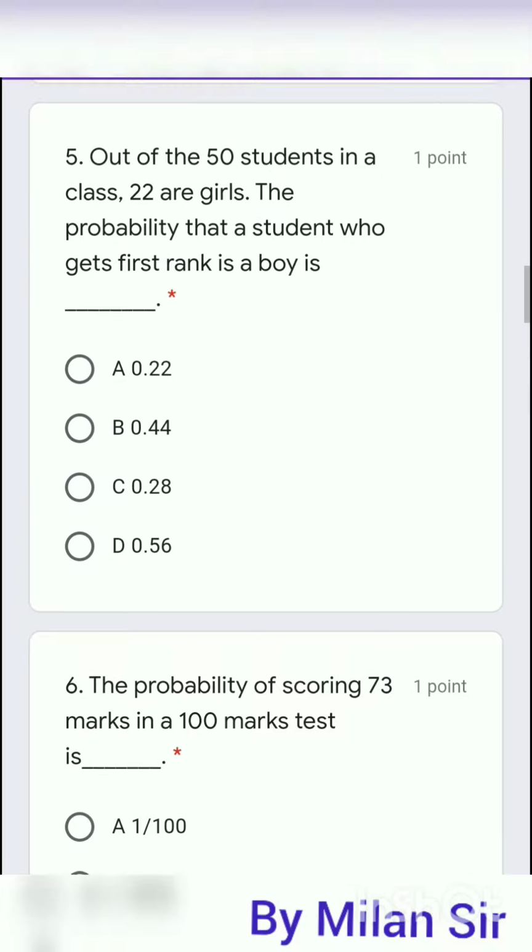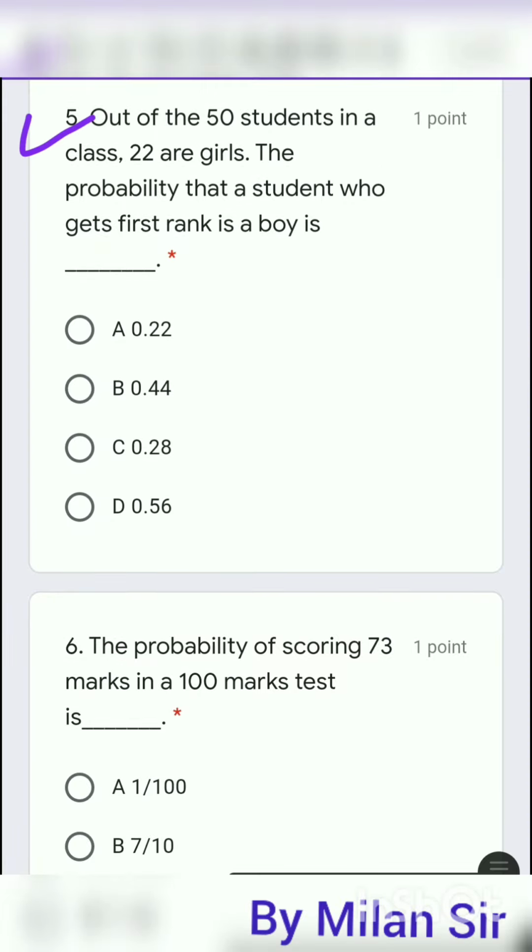After that, question number 5. Out of the 50 students in a class, 22 are girls.